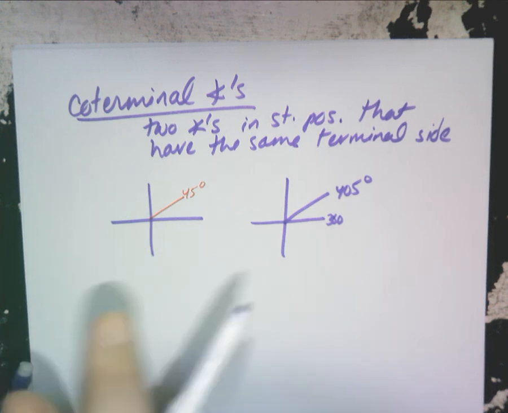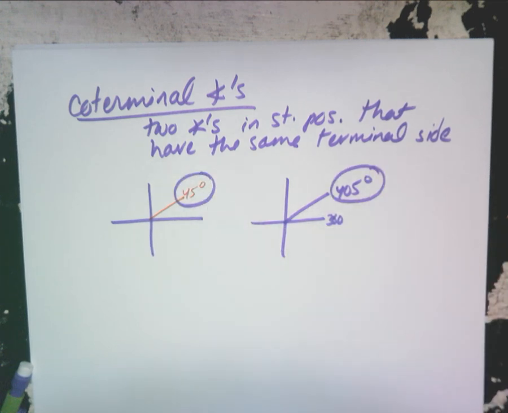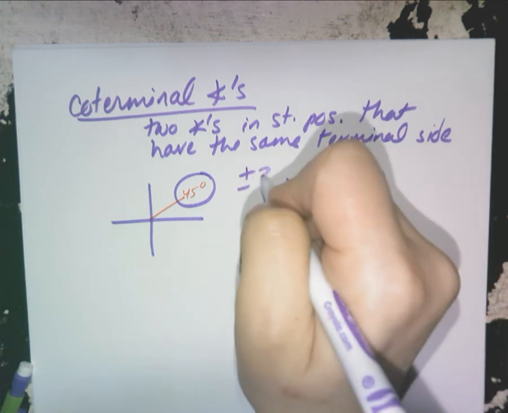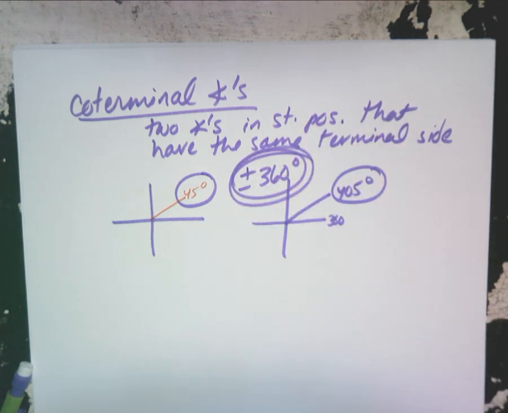Well, it's actually quite easy. How do I go from 45 to 405? What do I add? 360. How would you find a negative? Subtract 360. You add or subtract 360. That's all you have to do to find a coterminal. You add or subtract 360.